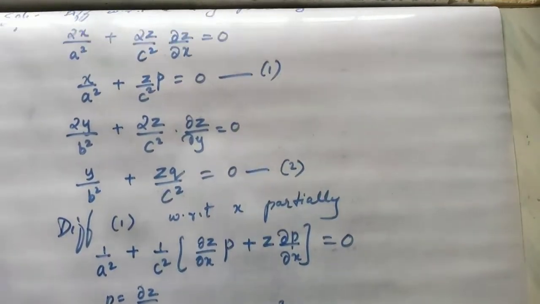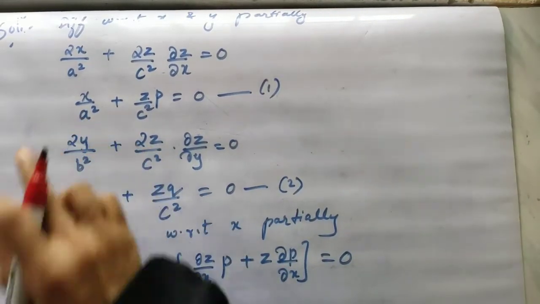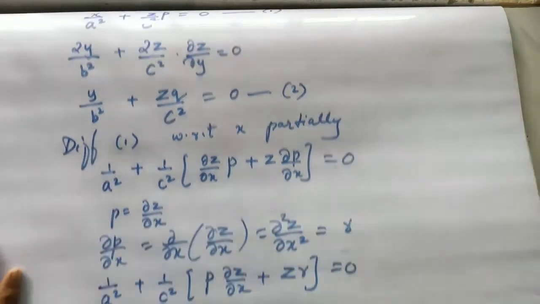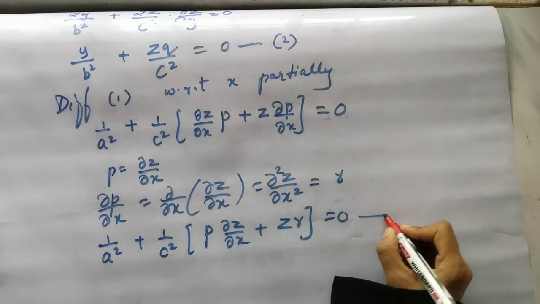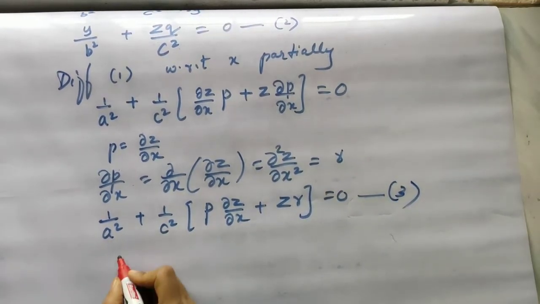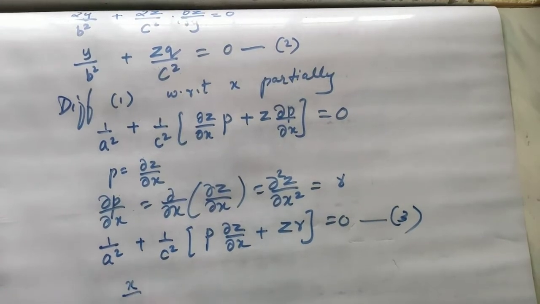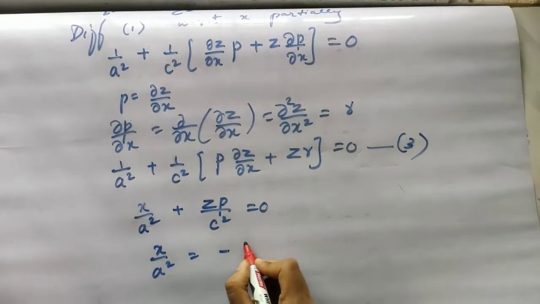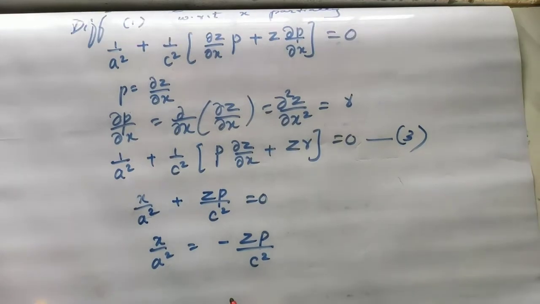But from equation 1, I can separate my 1 by a square. How? Just see. I'll take my equation 1, call this as equation 3. Okay, call this as equation 3. Now, equation 1, it is x by a square plus z into p by c square is equal to 0, right? So, I can take x by a square is equal to minus z into p divided by c square, right?